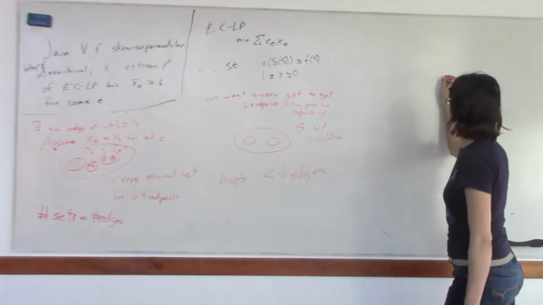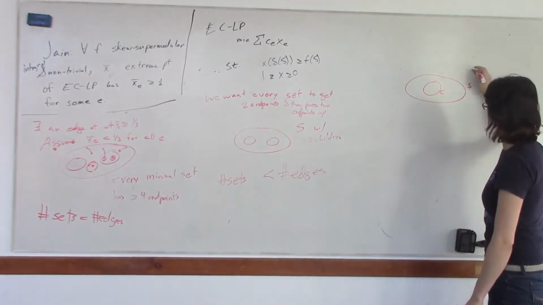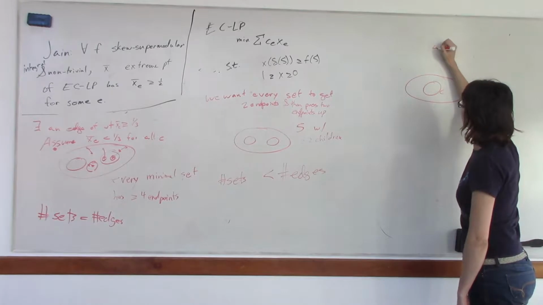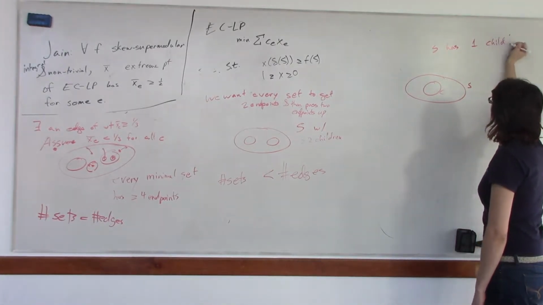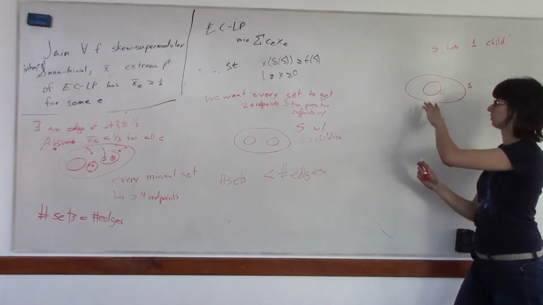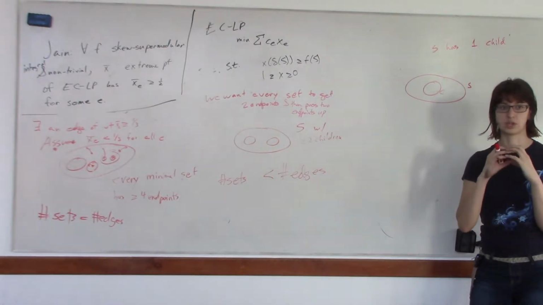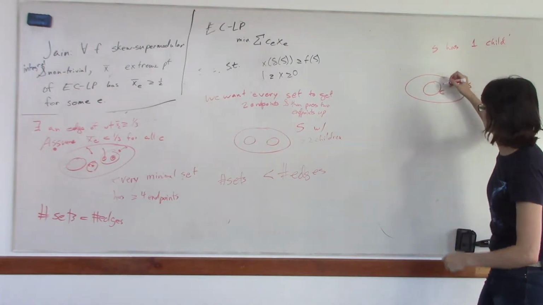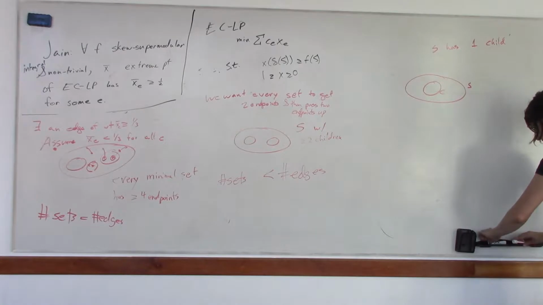So the only case we're worried about is here we have a child C and a parent S, and S has just 1 child. First of all, there has to be an endpoint which is in S, which is not in C. Because think of the different edges we can have here.